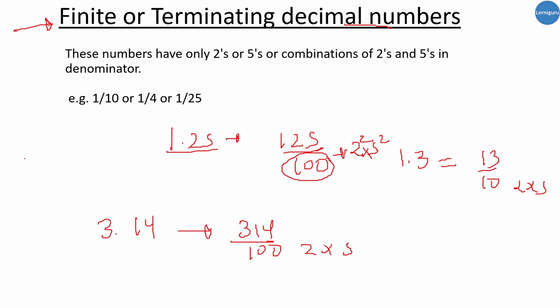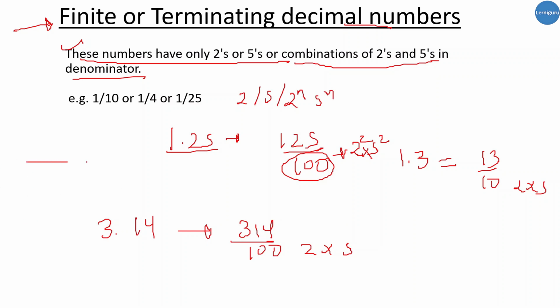So whenever this is written here, these numbers have only 2s or 5s or a combination of 2s and 5s in the denominator. So for finite and terminating decimal numbers, in the denominator you'll always get either 2 or 5 or any combination of 2 and 5.